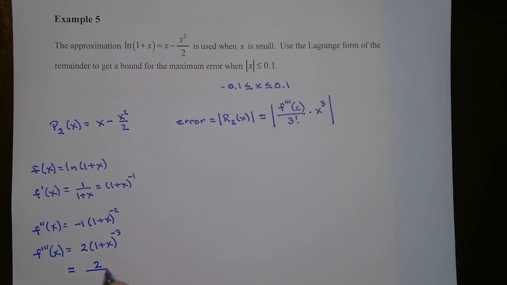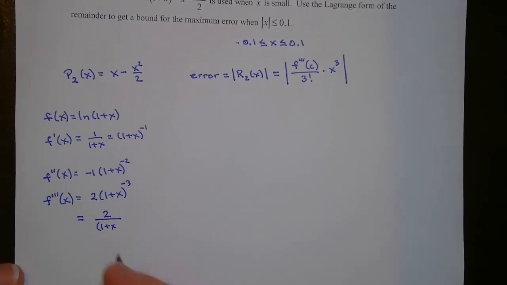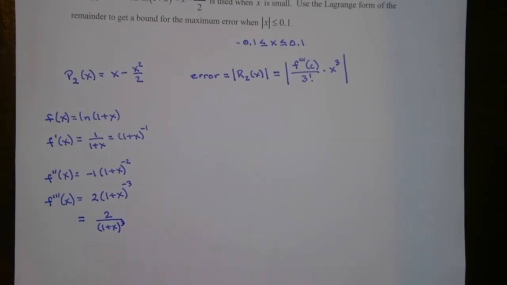Now we want to take a look at this and go, okay, this is equivalent to 2 over 1 plus x cubed. So we put c in here.